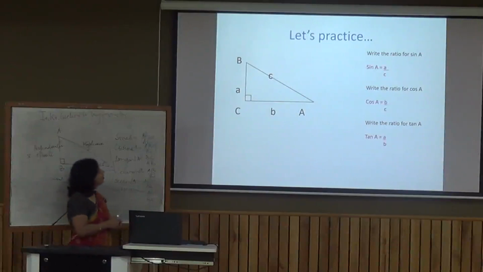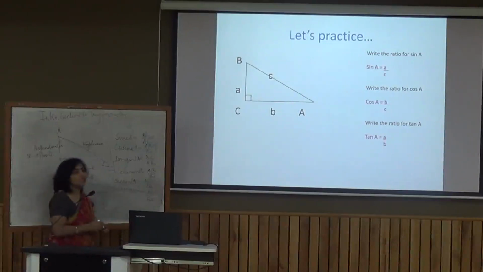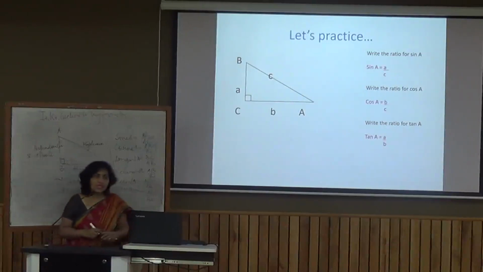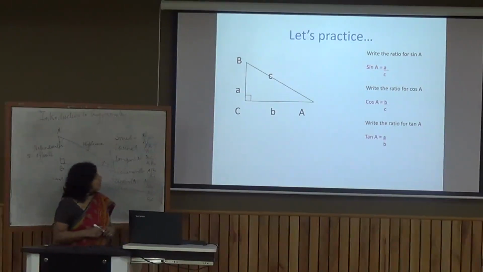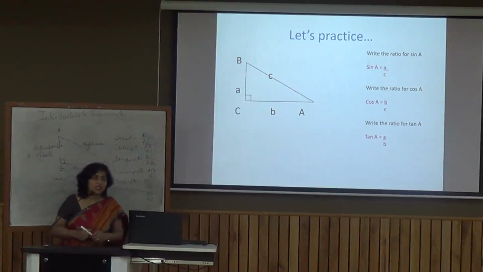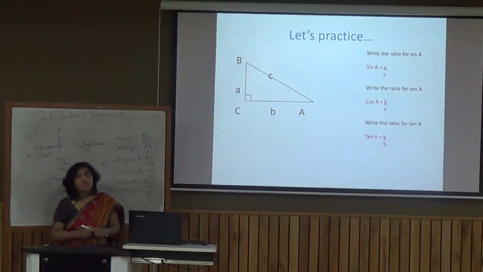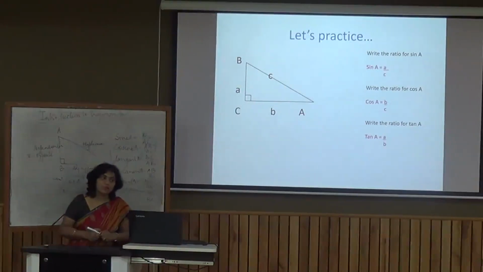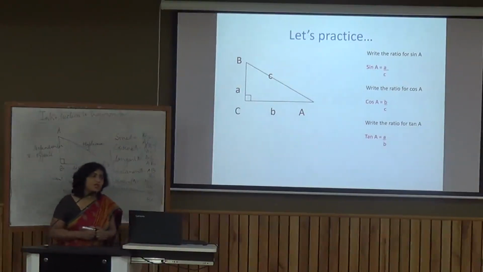So let's say this is a triangle ABC with sides a, b, c. What will be our sin A? The side opposite to angle A is a, hypotenuse is c, so sin A is a upon c. Cos A: the side adjacent to angle A is b and hypotenuse is c, so b upon c.